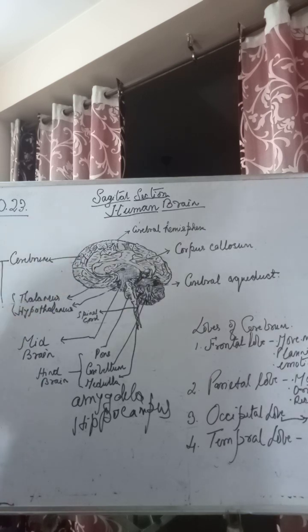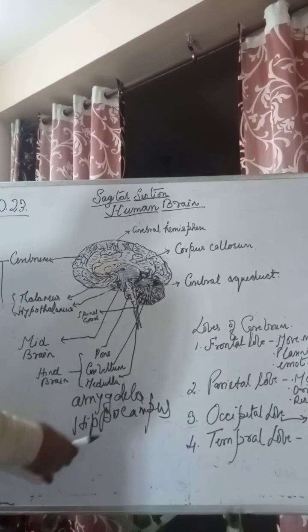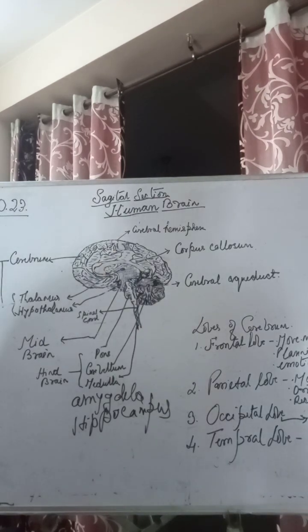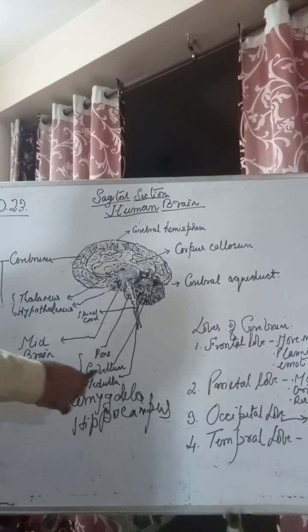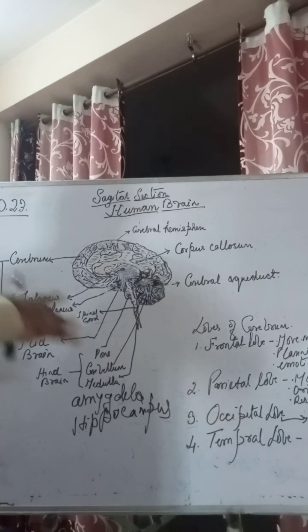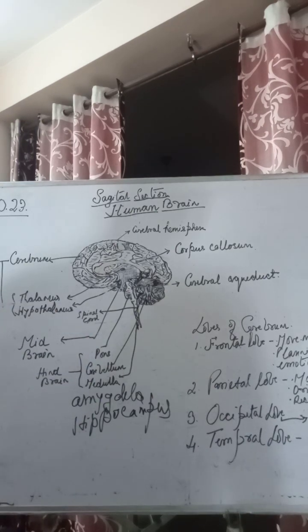And in this part of the hemisphere, in the inner side, there is a system which is called the limbic system. The limbic system has the amygdala and hippocampus. Amygdala is a very important point. It is the center of emotions. So amygdala is controlling the emotional part, right?